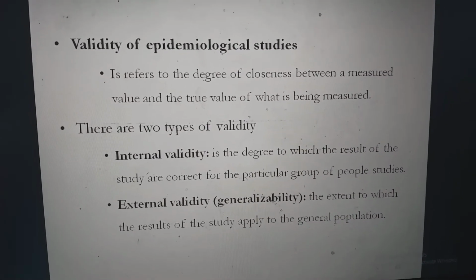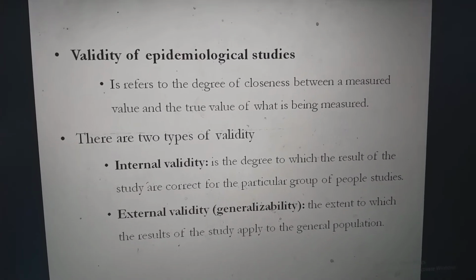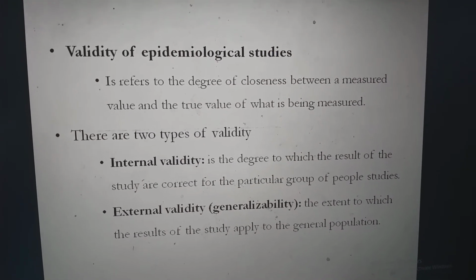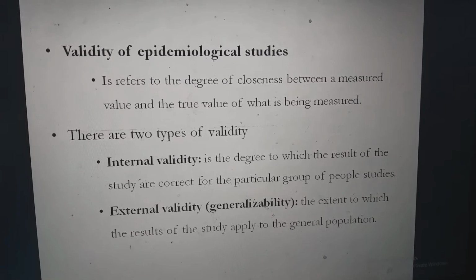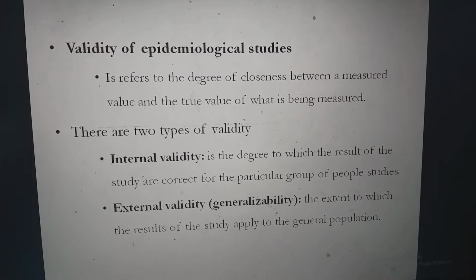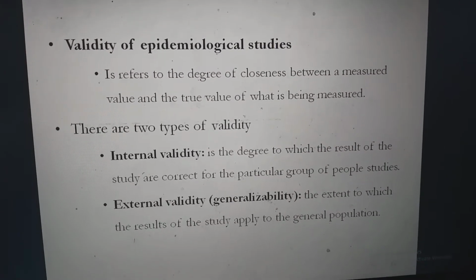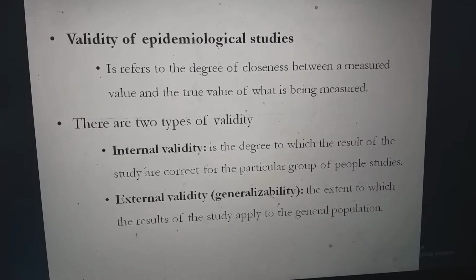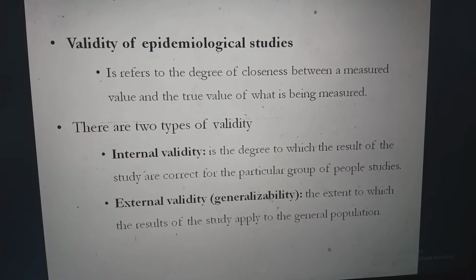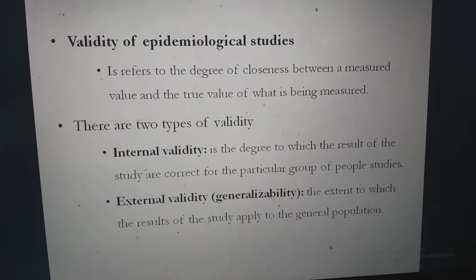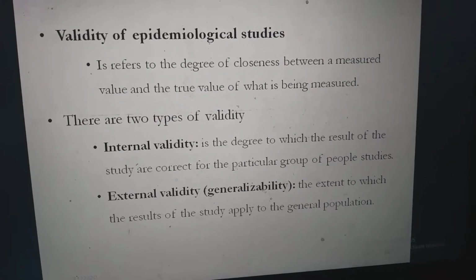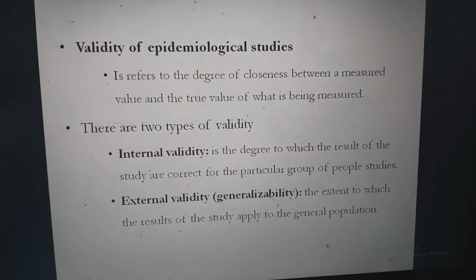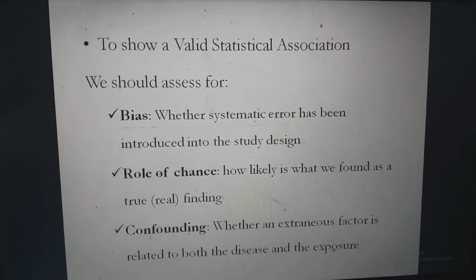Internal validity is the degree to which the results of the study are correct for a particular group of people in the study. External validity, or generalizability, is the extent to which the results of the study apply to the general population, not to the specific group.